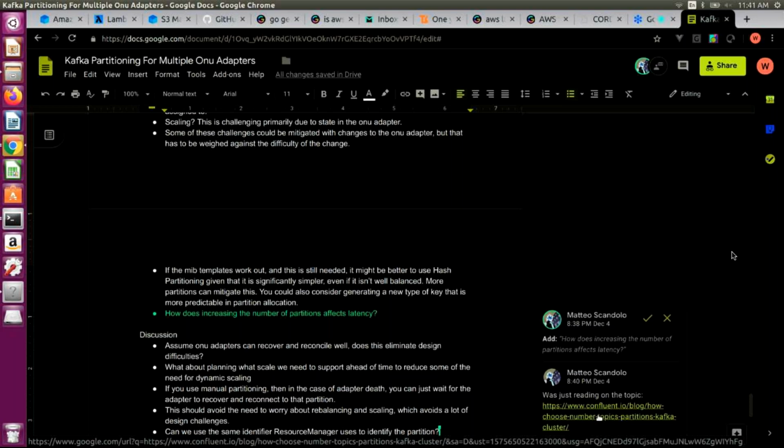So the first problem is rebalancing. When I first tried to understand the concept in Kafka load balancing, I thought that Kafka uses a consistent hash algorithm, which means that when a rebalancing occurs, the old adapter can still serve the old keys, and only the new ones are distributed to the available adapters.